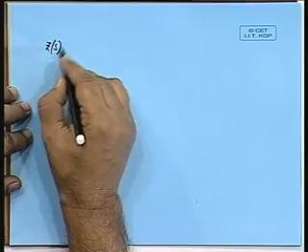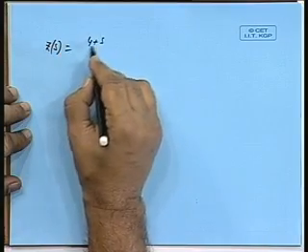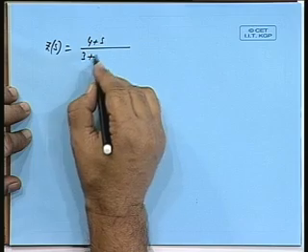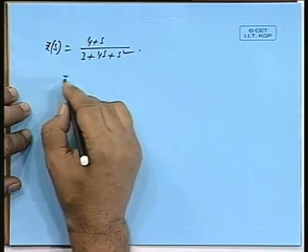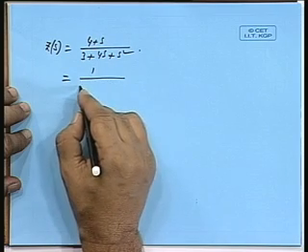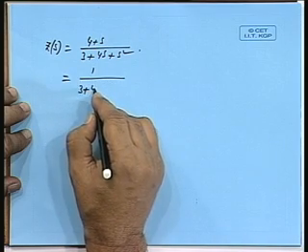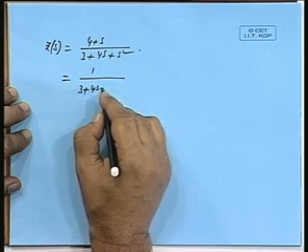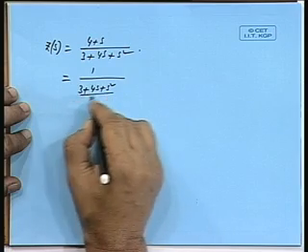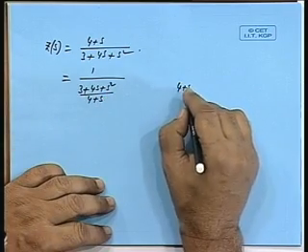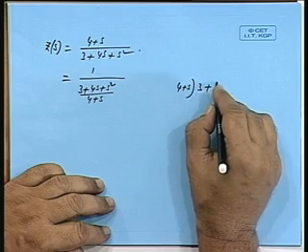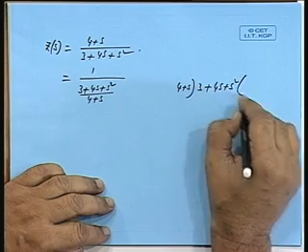Zs equal to (4 plus s) divided by (3 plus 4s plus s squared), equal to 1 by (3 plus 4s plus s squared) divided by (4 plus s). So, let us divide 3 plus 4s plus s squared by 4 plus s.